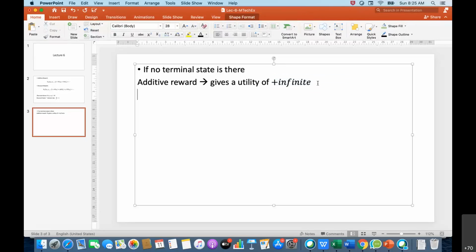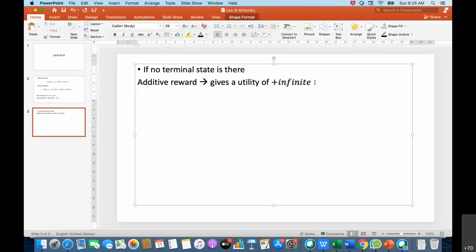But please remember that this is never desirable. Yes, plus infinity is more desirable compared to minus infinity, but to have a utility value equivalent to infinity is never desirable for any decision making system.